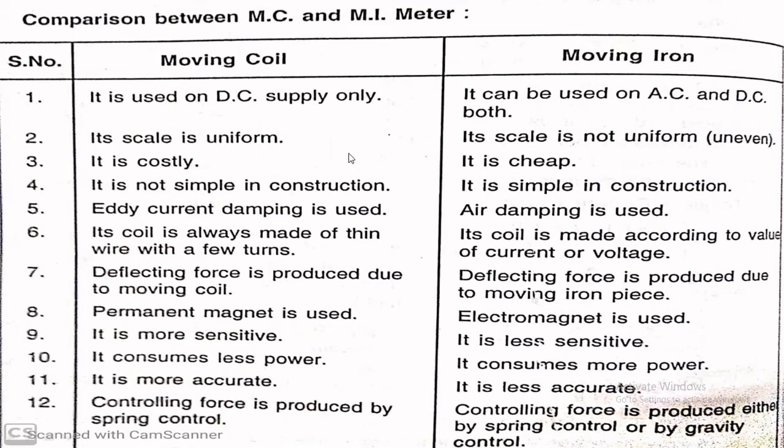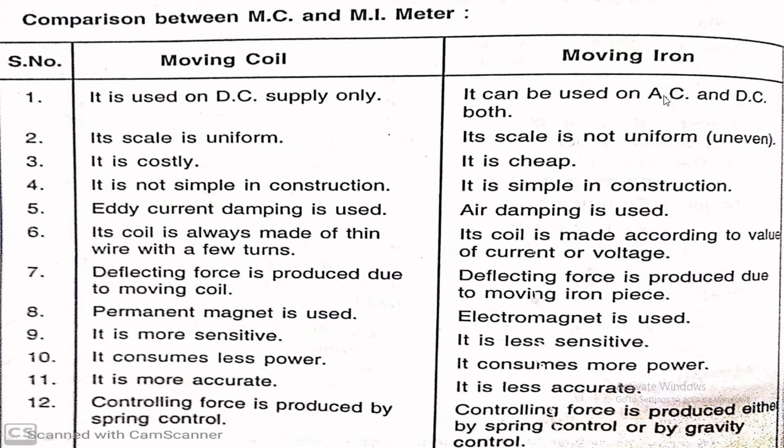In moving coil we use eddy current damping, whereas in the moving iron instrument air damping is used. In moving coil the coil is always made up of thin wire and few turns, whereas in moving iron the coil is made up according to the value of current or voltage.